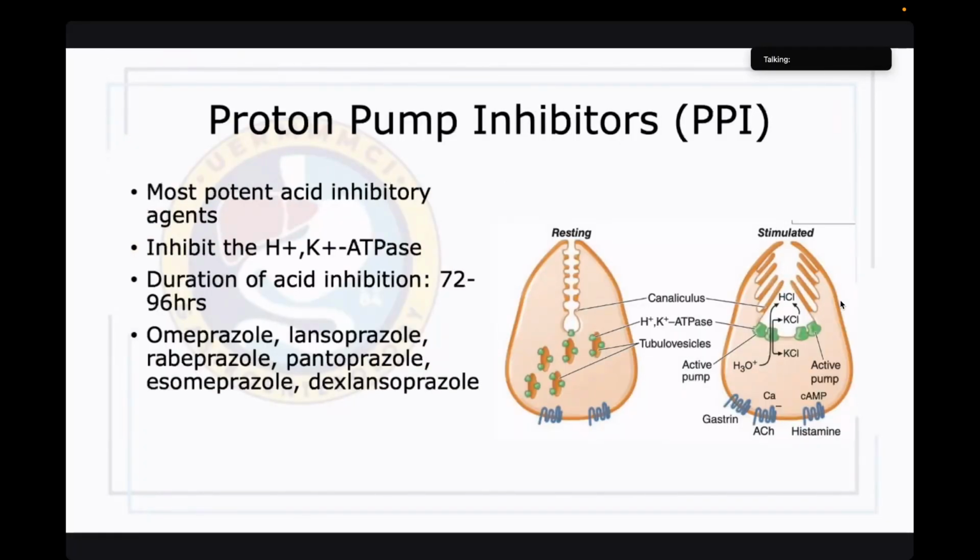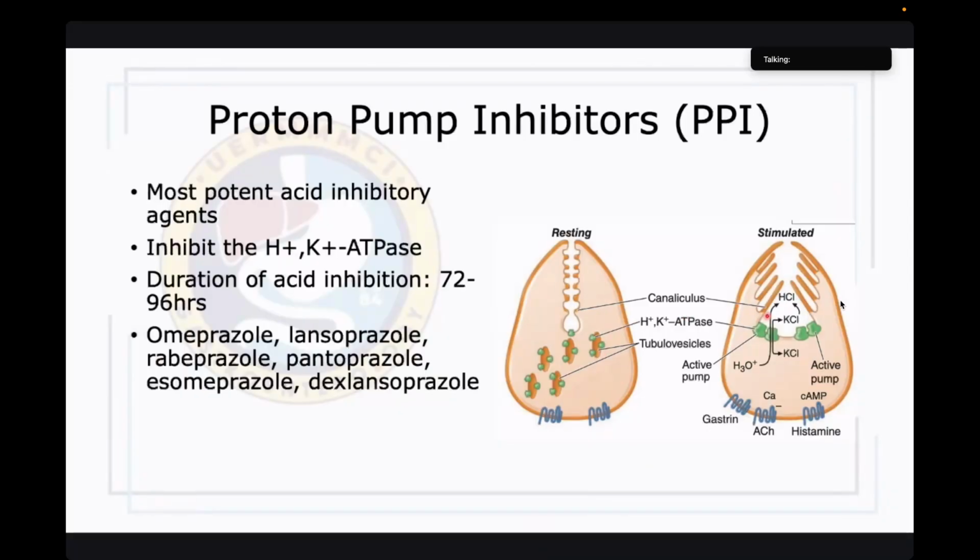Next, we have proton pump inhibitors. The commercially available PPIs are omeprazole, lansoprazole, rabeprazole, pantoprazole, esomeprazole, and dexlansoprazole. PPIs at present are considered the most potent acid inhibitory agents. This was discussed a while ago.